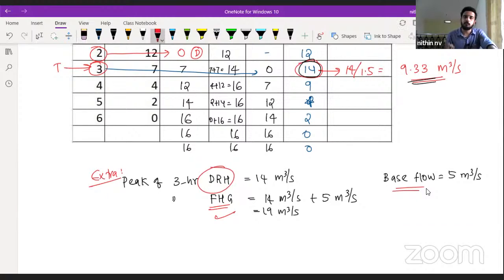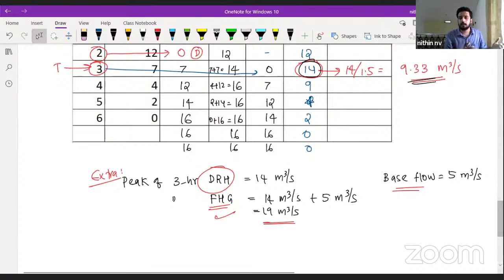Or if they are asking what is the peak of the hydrograph as a result of the storm, then we have to add the base flow. If they are not giving the base flow in the question and asking flood hydrograph, we will assume base flow is equal to 0. Understood? Then DRH and flood hydrograph are the same. Clear now? Concept of flood hydrograph.